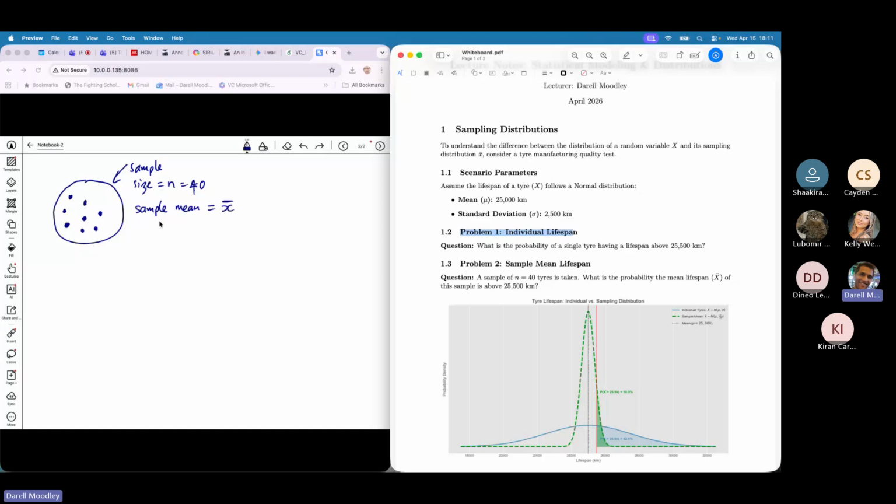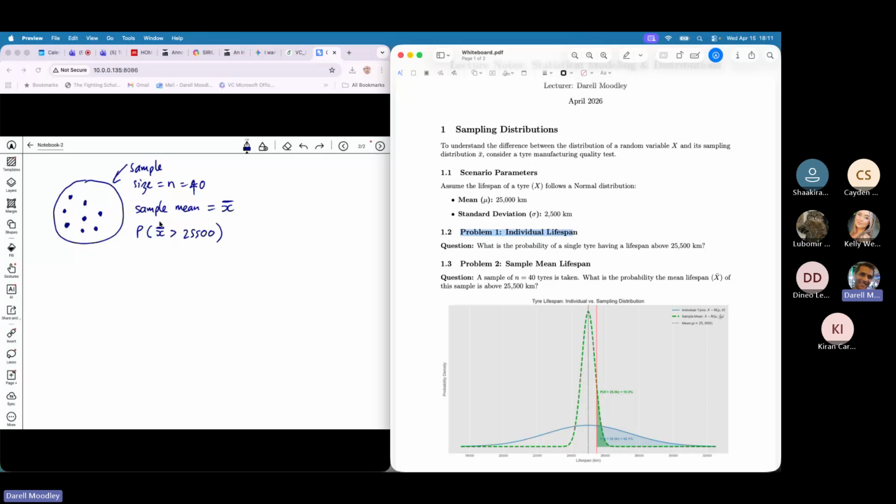And the question here is, what is the probability that the sample mean, X bar, is greater than 25,500? This is what we're being asked now.